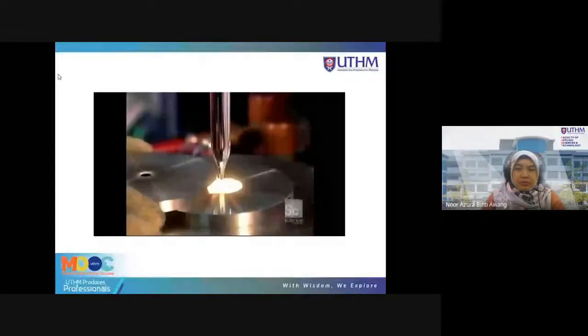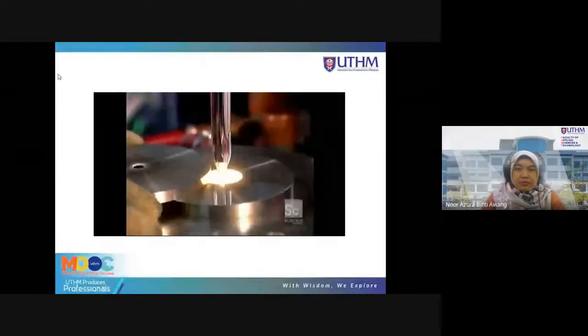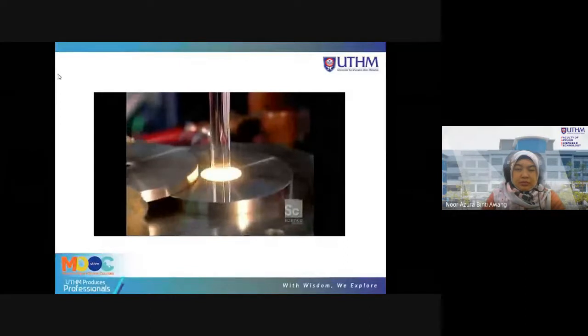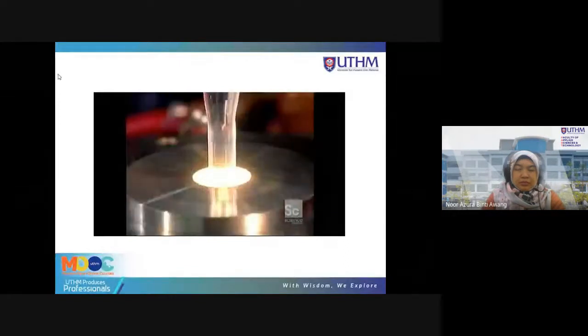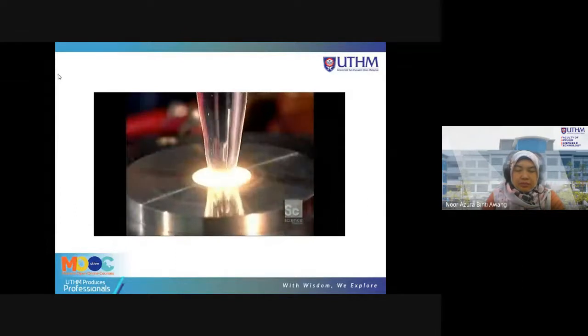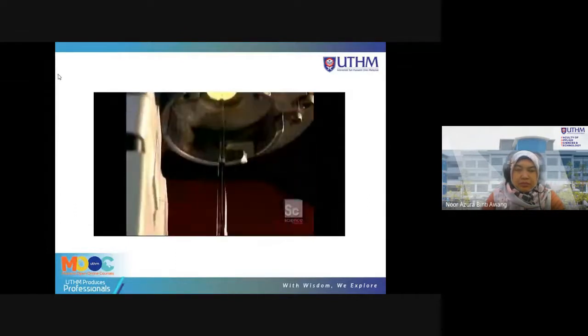The drawing tower's oven heats one end of the preform to 3,600 degrees. The glass softens.